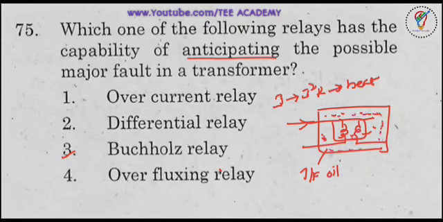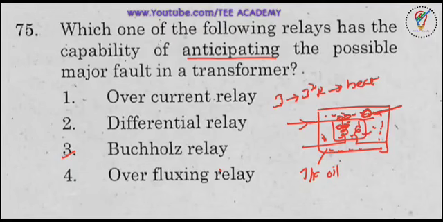Now there will be a mechanism placed in such a way that the heat produced in the oil causes some bubbles. I will repeat again: because of the heat given to the oil, the oil gives off hydrogen bubbles, small bubbles, like we observe at home when we cook with oil, when oil is heated up it creates some bubbles, right?